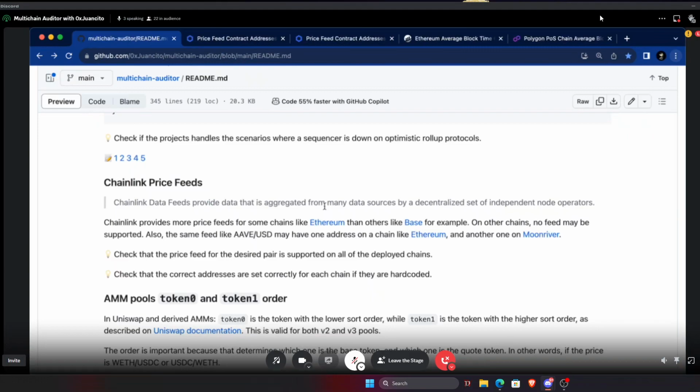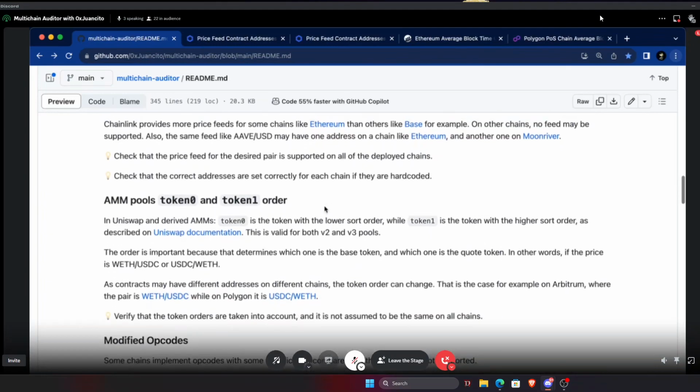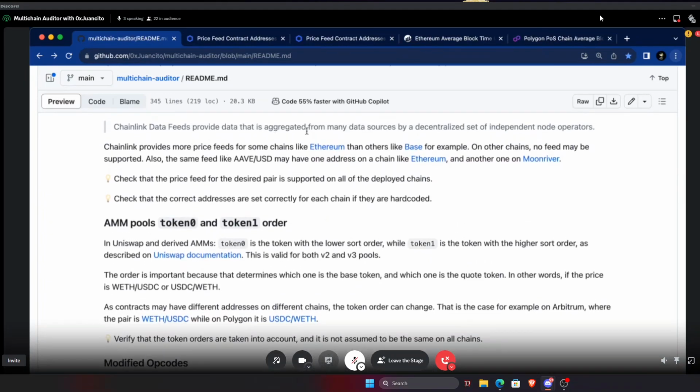And now that I mentioned Chainlink, I might also mention integrations with other contracts. So with any contract that you interact with, please check that you are using the correct version on Ethereum, the correct version on other chains, but also check that they are available on all of these chains.